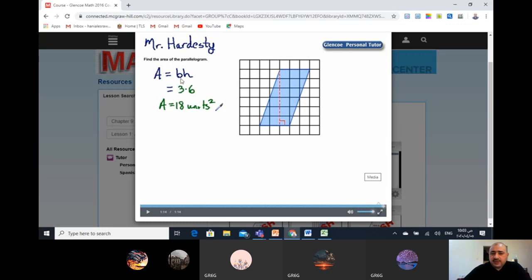So the base will be 3. And the height, count how many squares we have in the height. 1, 2, 3, 4, 5, 6. So put here 6. Now you can solve. A equals 3 times 6, which is 18 unit squares.